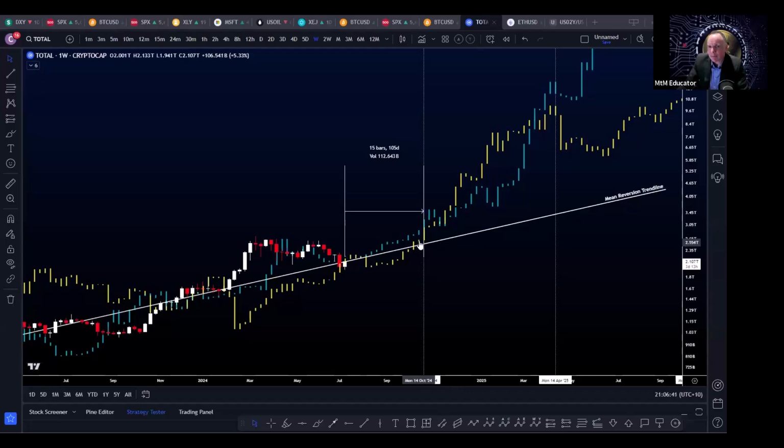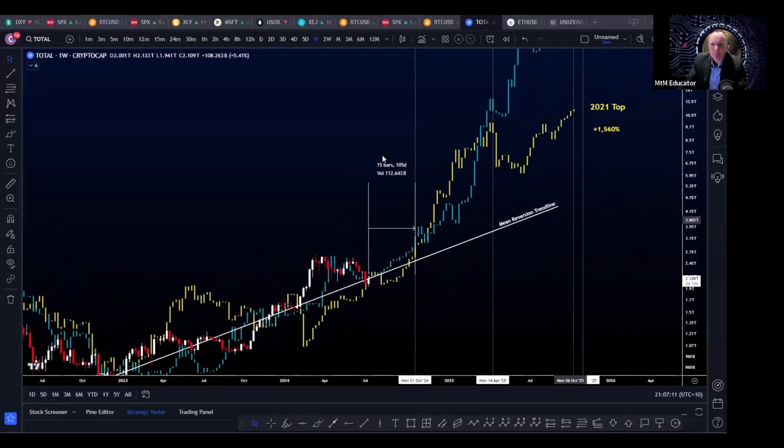That's the point that it happened in the other two cycles. This is total crypto market cap: Bitcoin, Ethereum, and all the altcoins. Once again, it doesn't mean it can't go up. It just means we won't see what Raoul calls the banana zone until we're ready. And when we're ready, we're probably looking at sort of October.